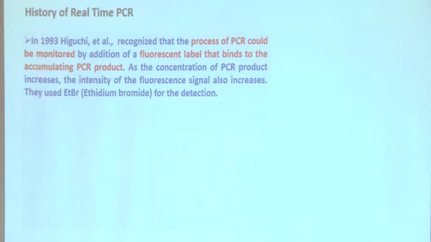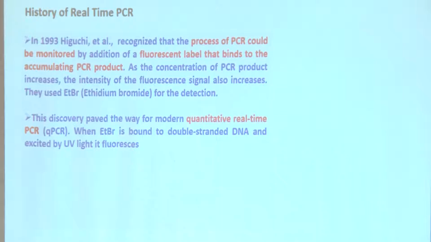So, it is not surprising. The only thing is he had some out of the box thinking, so he proposed that. This particular discovery paved the way for modern quantitative real time PCR. This is the genesis of real time PCR.